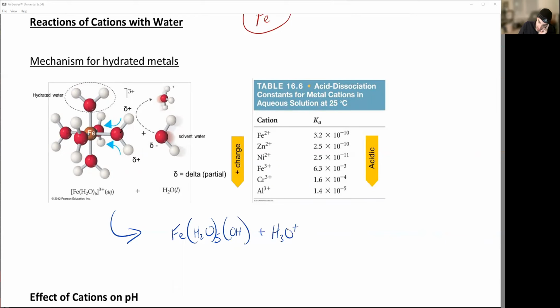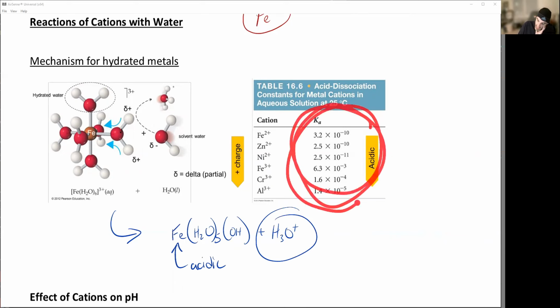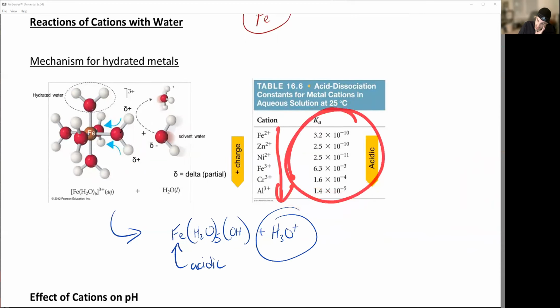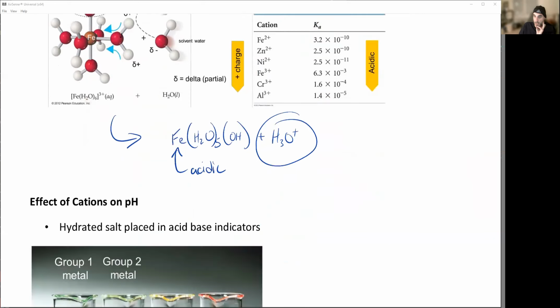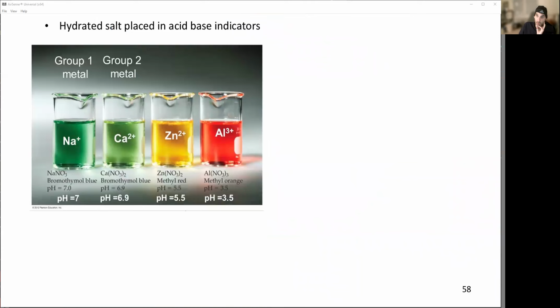So what it has done is this is acidic because it produces H3O plus. And so if we actually look at the Kas, what we see is that as the charge increases, we see an increase in the acidity, okay? And we see that by actual experimentation.